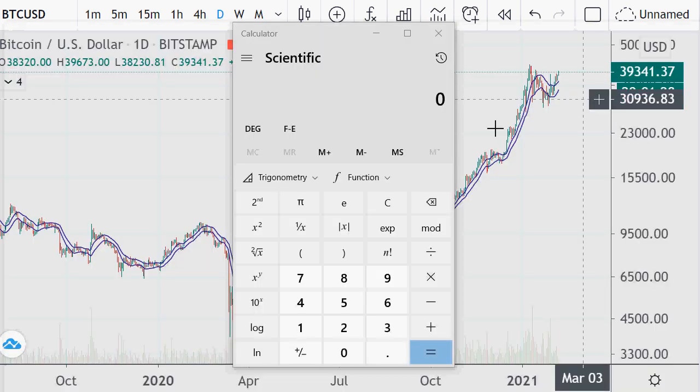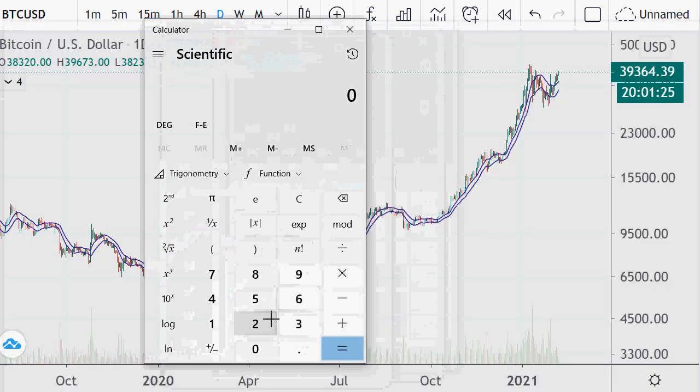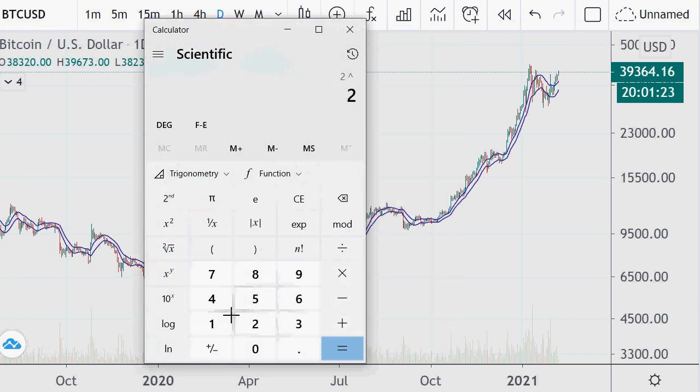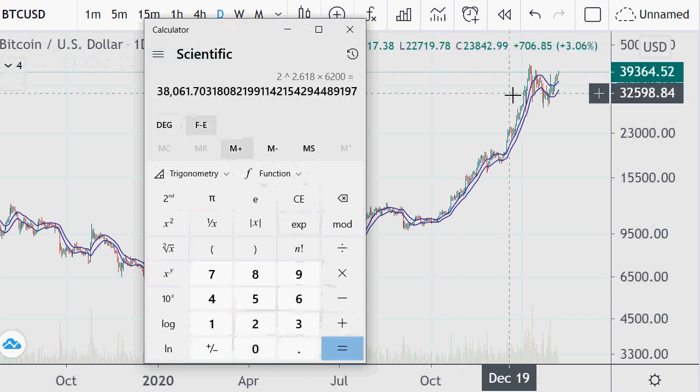Well, the next Fibonacci line after that would be 261.8%. So if we take the number 2 to the exponent of 2.618 and multiply that by 6,200, that gives us a target of 38,000 and change.